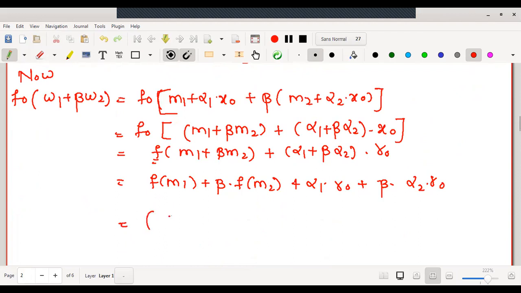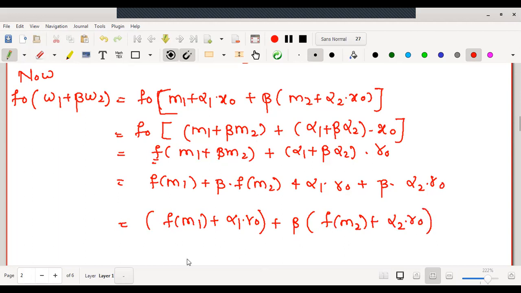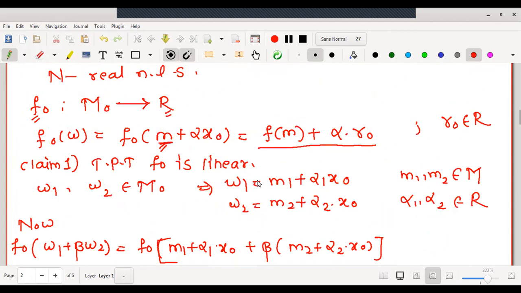Therefore, this will be f of m1 plus alpha 1 into r naught. Now we will collect the coefficients of beta in one bracket, that is f of m2 plus alpha 2 into r naught.